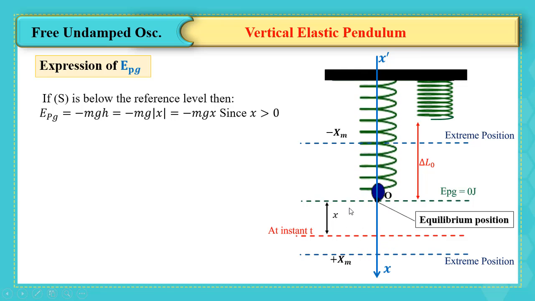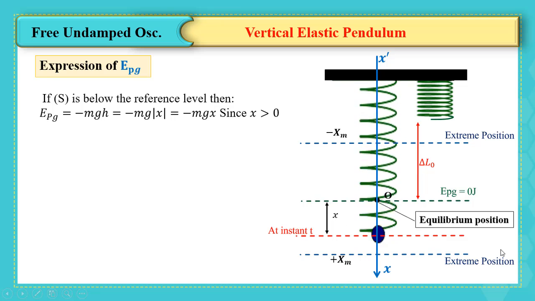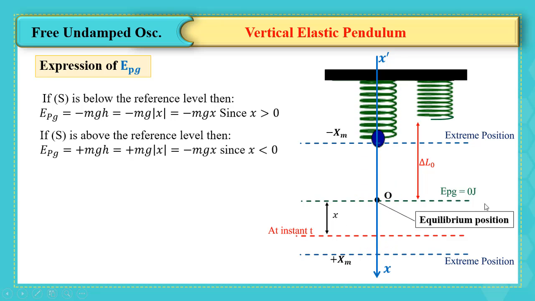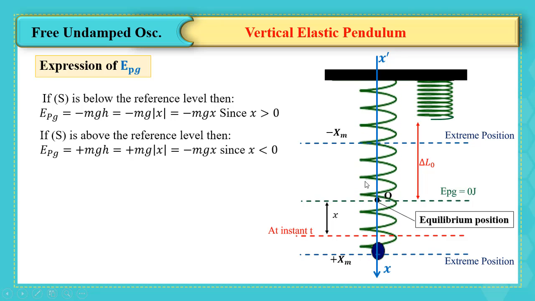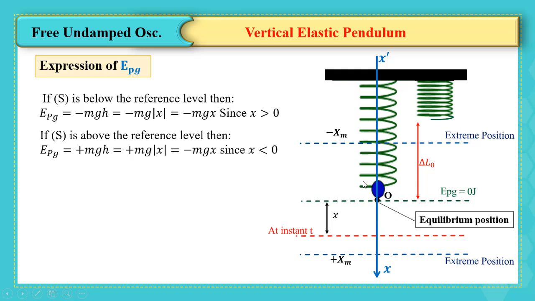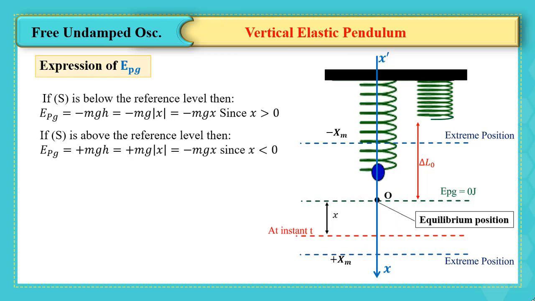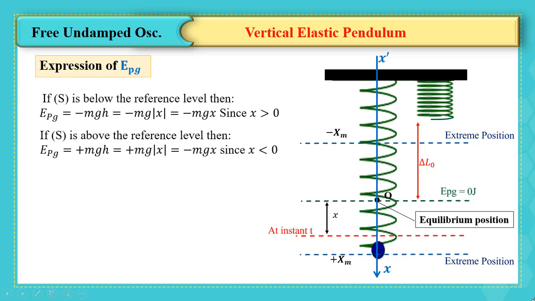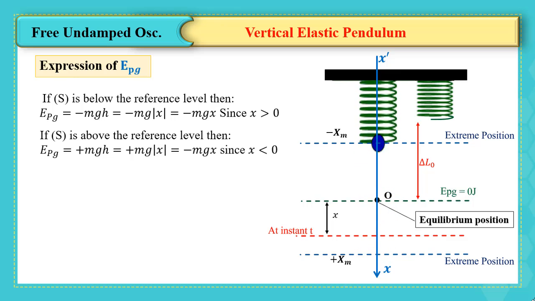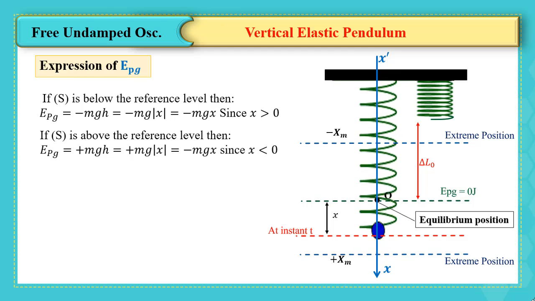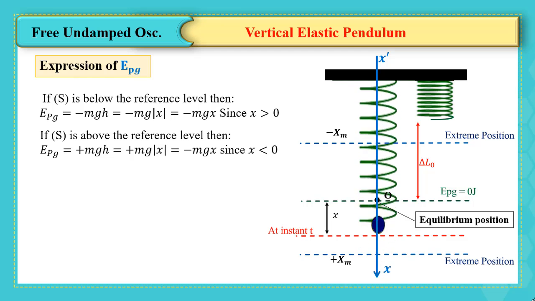But if S is above the reference level, then the gravitational potential energy is plus mgh, which is plus mg times the absolute of x. Because x is negative, the expression is minus mgx, where negative x gives a positive answer.